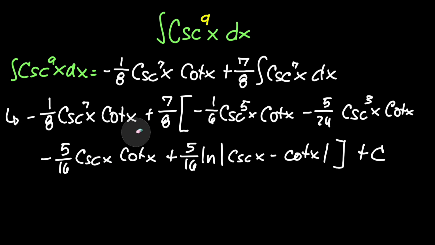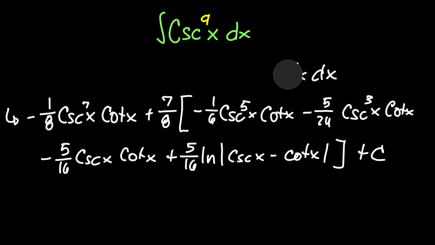So this would be your full value of it. And now, for your final answer, you just need to multiply 7 over 8 among all the coefficients inside the bracket.